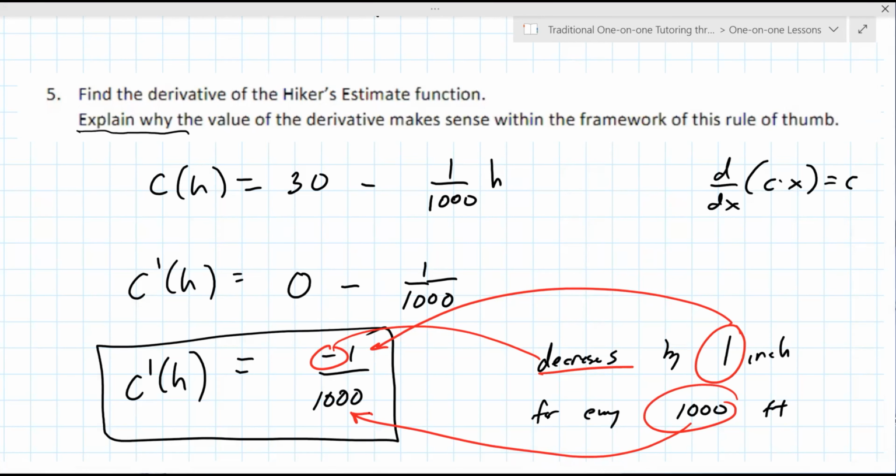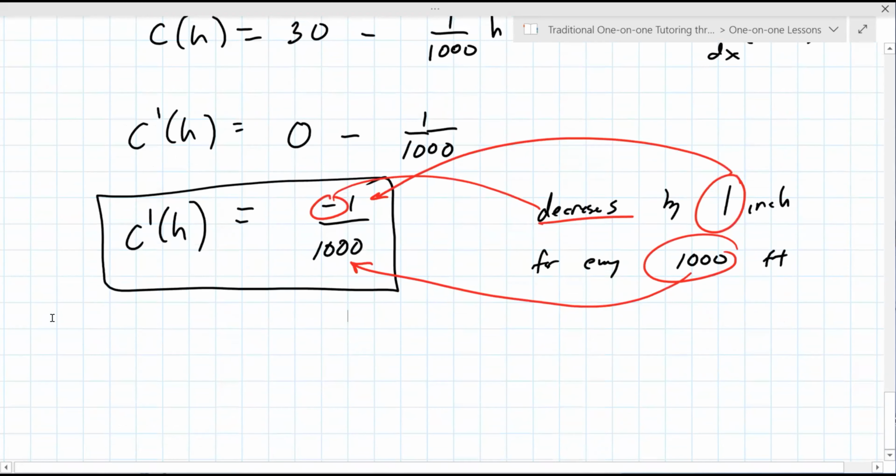What should I write on the paper for explaining the work? I'm not sure how you want to phrase it, but you're basically trying to say the derivative is the slope. The slope decreases 1 inch for every 1000 feet. So I'll try typing that. The derivative is the slope.